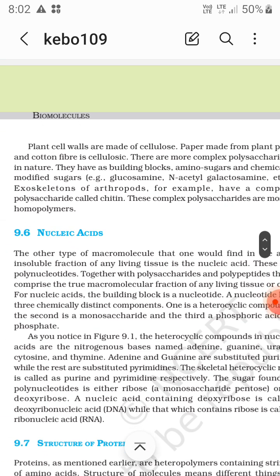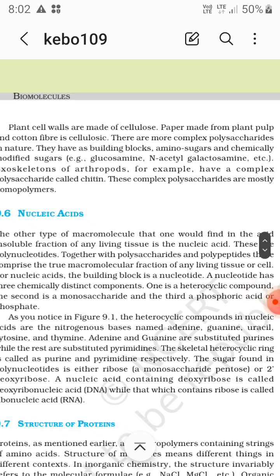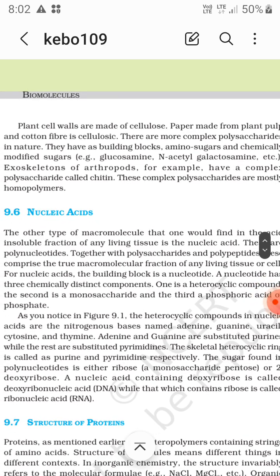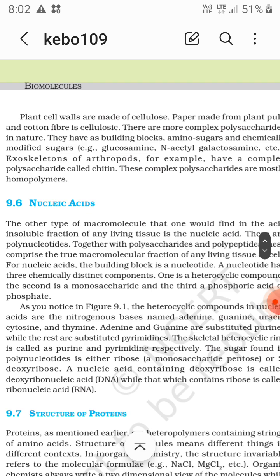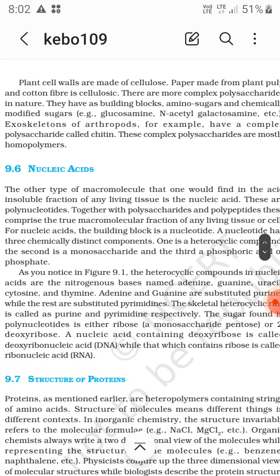Now, exoskeletons of arthropods, for example, have a complex polysaccharide called chitin. These complex polysaccharides are mostly homopolymers, right?